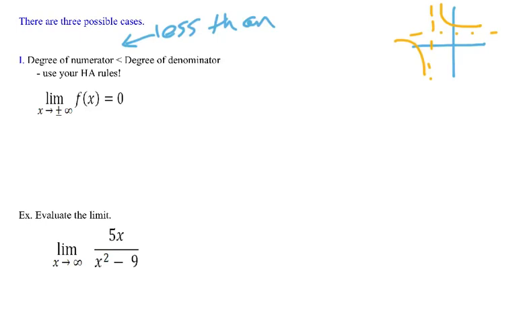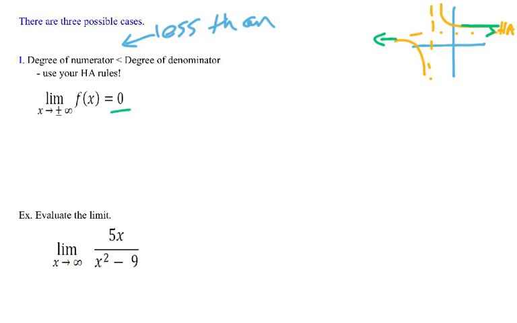It was a long time ago, but the way we found our horizontal asymptote over here, that's the same way that we find the limit to infinity if your degree of the numerator is less than the degree of the denominator. Because again, this asymptote is telling us what this function is doing as I go to the right or to the left forever. I'm getting closer and closer to that horizontal asymptote.